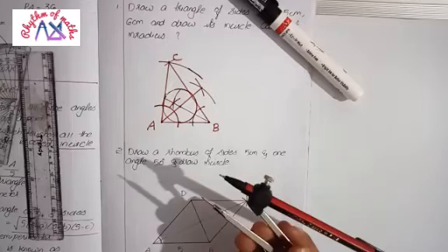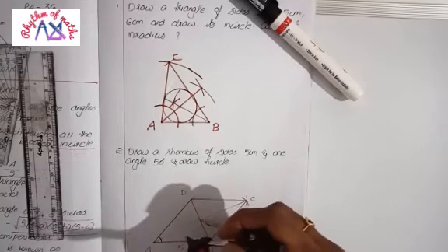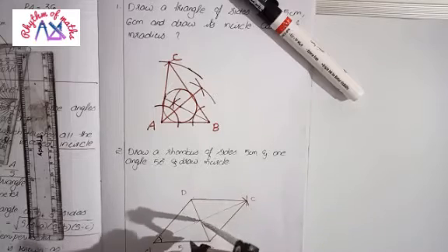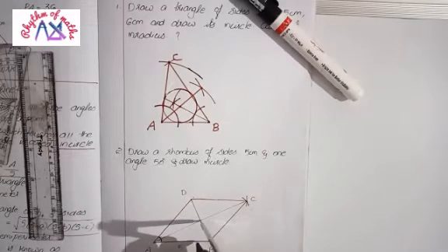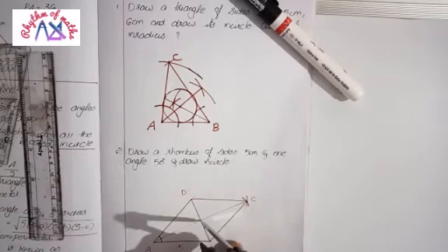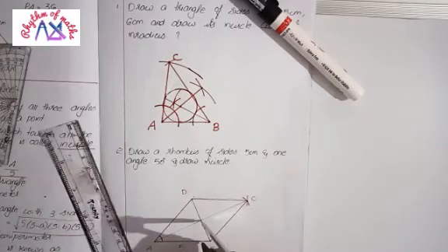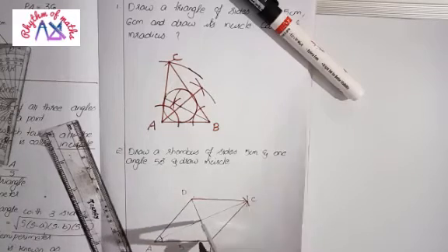Keep the pinpoint of the compass at this common point and measure a perpendicular line to any side, just by touching. It must be a perpendicular. Then from that point let's draw the circle like this.